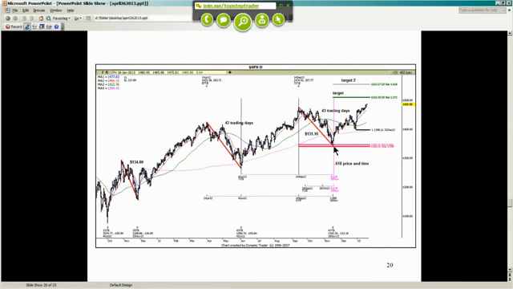These pink lines intersected. So this was what they call squaring of price and time. So that's what defined this as an important low, and we've already made two targets to the upside.